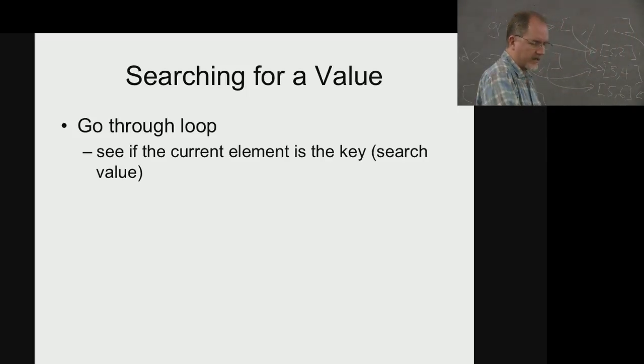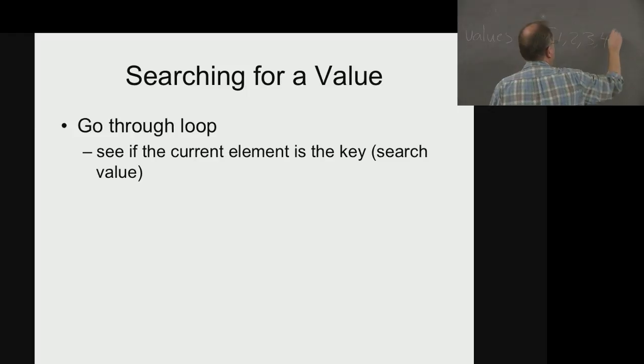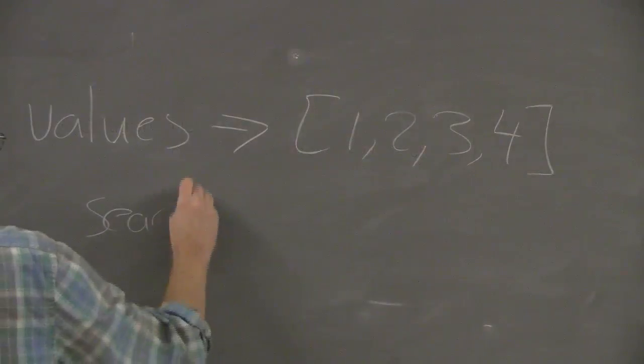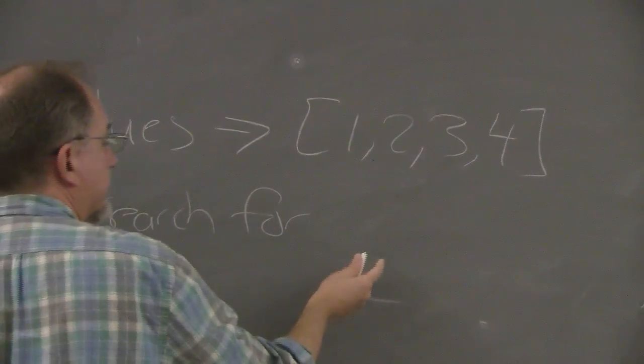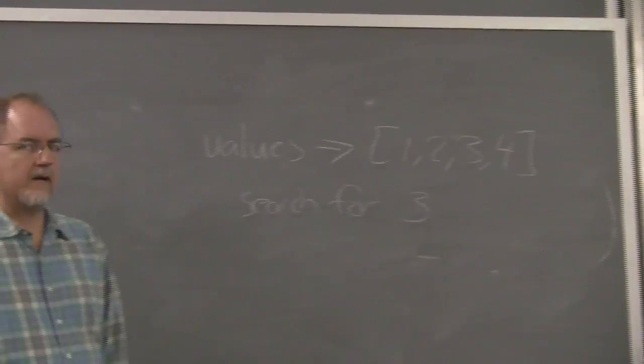If I have some array of values, and I want to find out if another value, a key value, is in that array, I want to search for some value like 3. How am I going to do this?